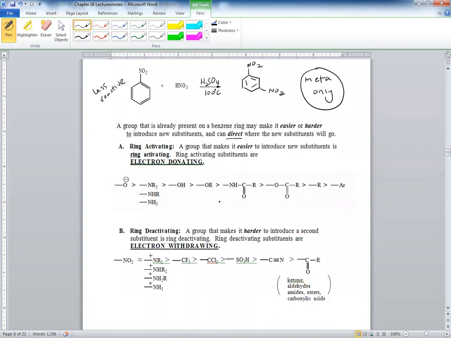So let's begin with the two types. We have what we call ring activating groups or substituents. This is a group that makes it easier to introduce new substituents in the ring. The ring activating substituents are electron donating, so they are EDGs.